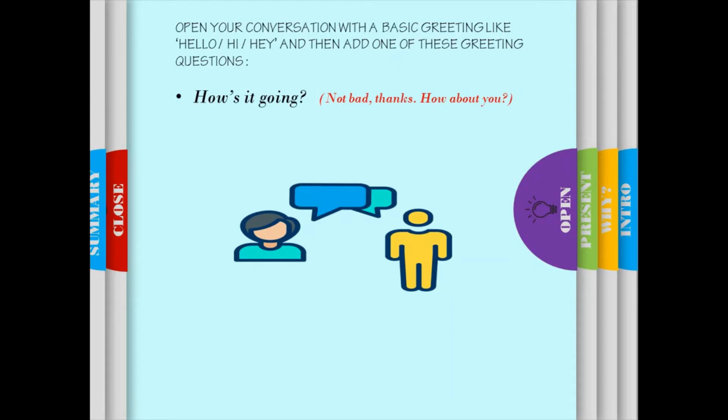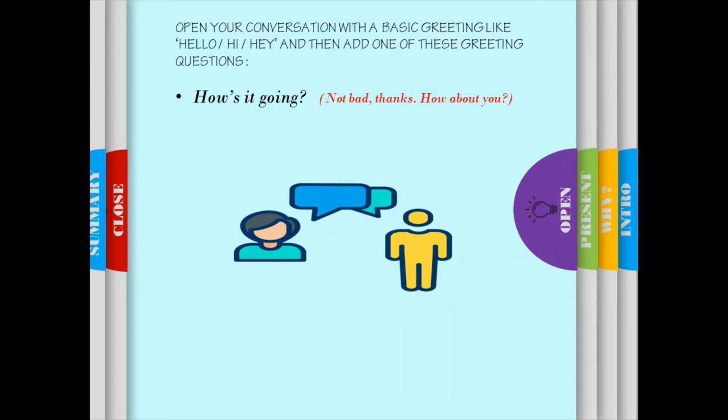No, we will use a contraction, how's it going? So for example, we will say, hello, how's it going? Hi, how's it going? We add them together with the normal basic hello or hi. Okay? So here you can see an example of the answer. Yeah, not bad, thanks. How about you?